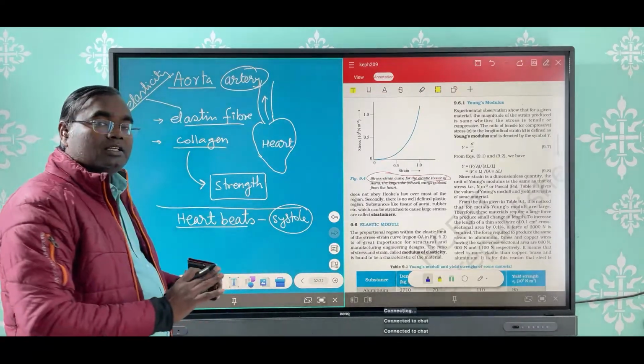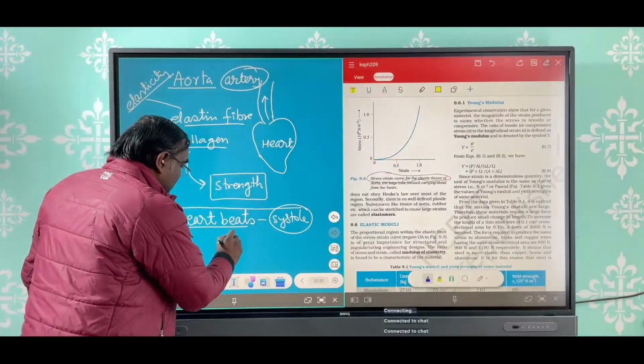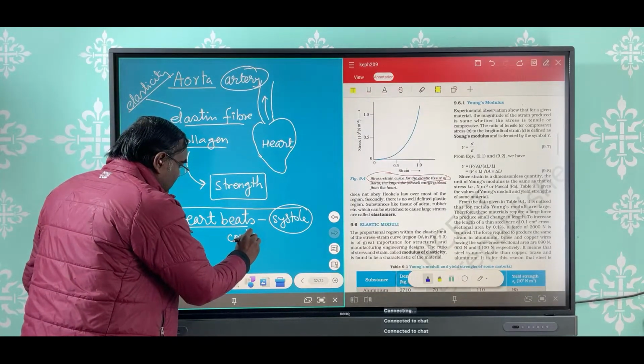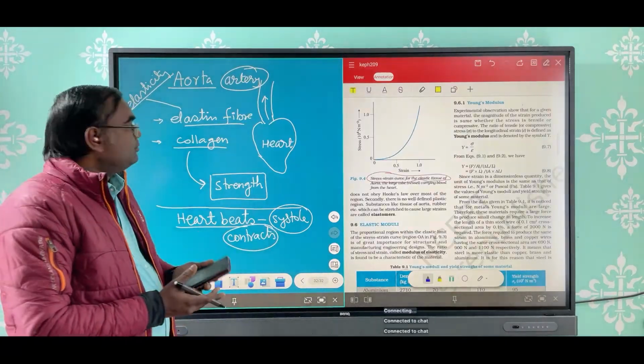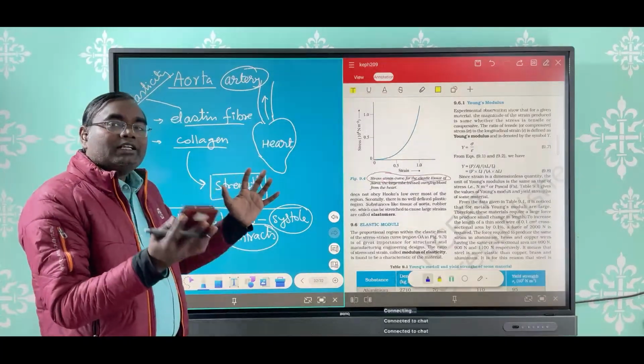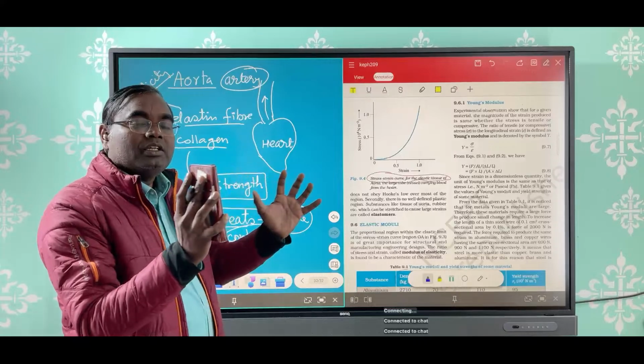When the heart beats, then it contracts, and it contracts means the heart gets squeezed.